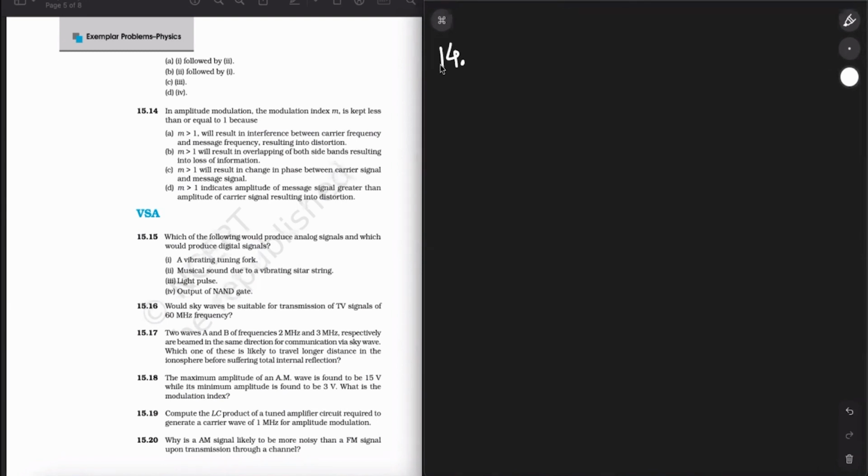So the key concept behind this is the modulation index. The ratio of change of amplitude of carrier wave to the amplitude of original carrier wave is called the modulation factor or degree of modulation, MA.